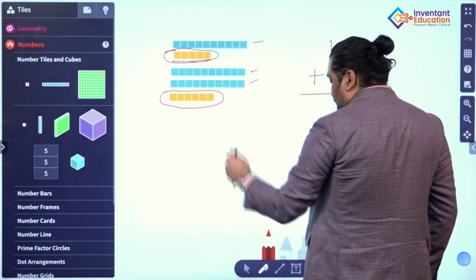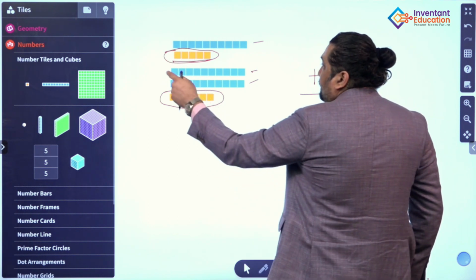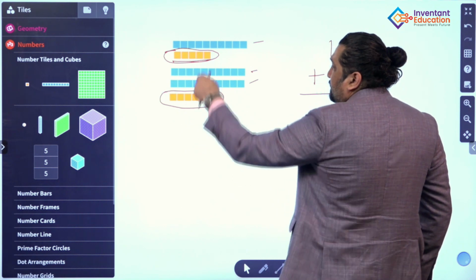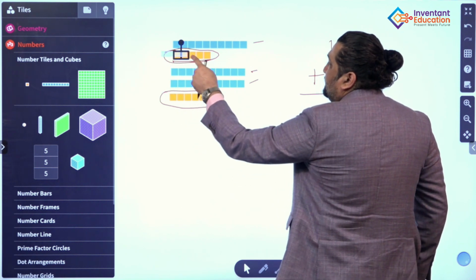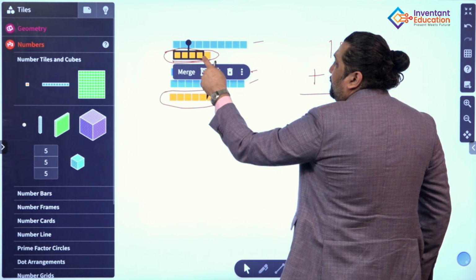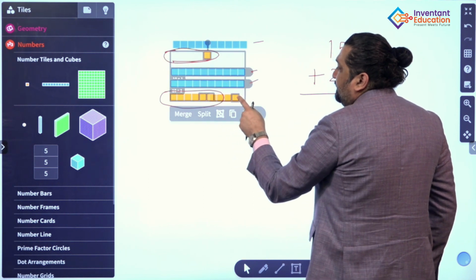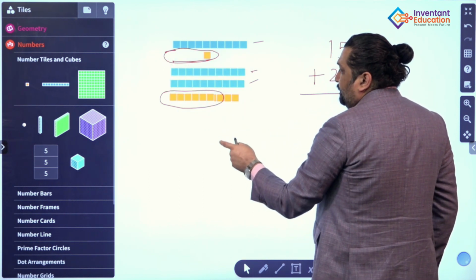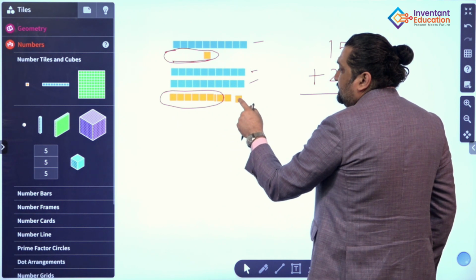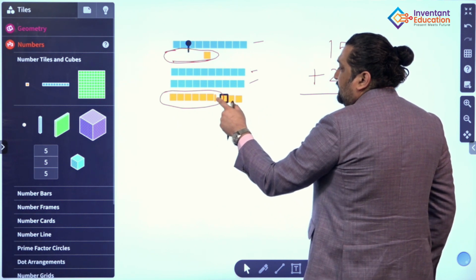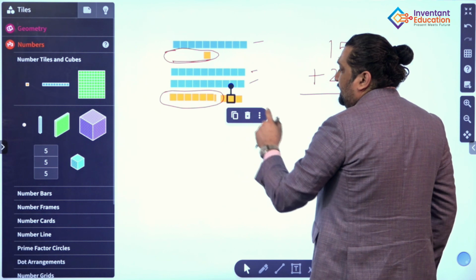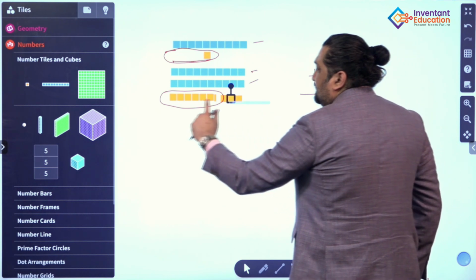So what I will do, I will make a 10 with the help of these objects. I am taking 4 from here, dragging them here. So this is my 6 plus 4, a 10 is here. And now I will replace this 10.